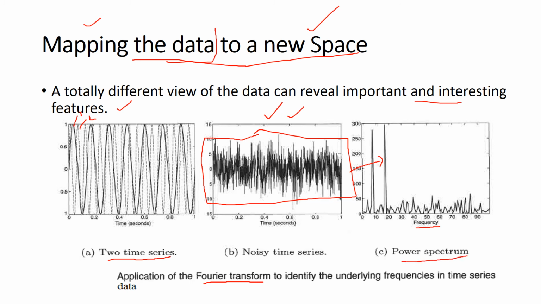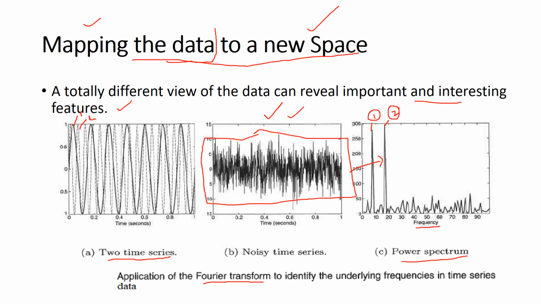By doing this, we have new features. We can see two highs here. These are the two time series that we are talking about, and all the noise is now removed.